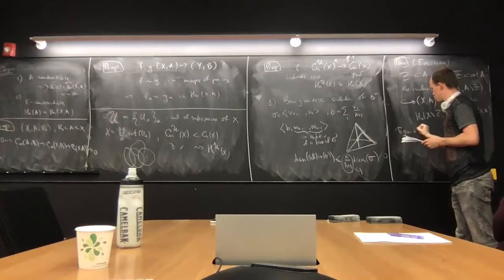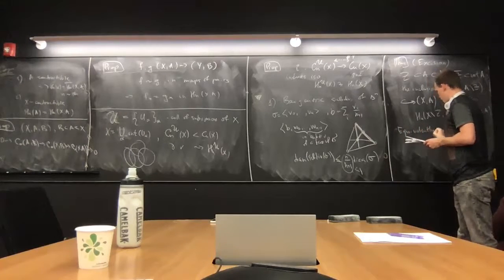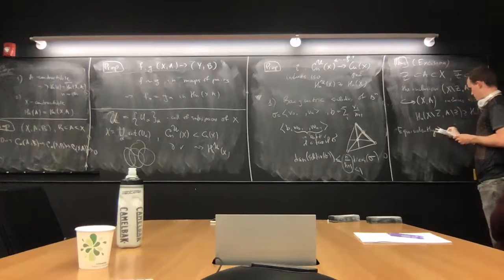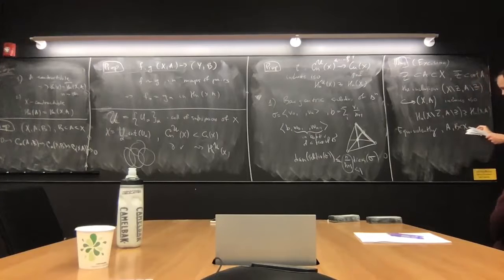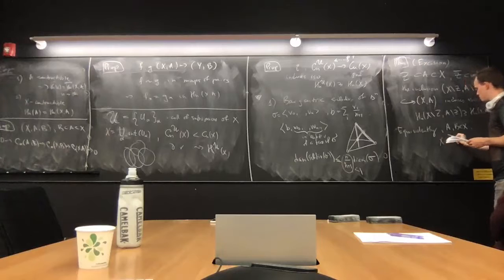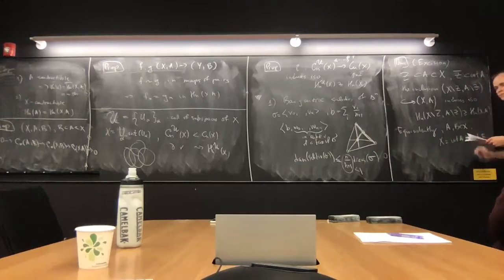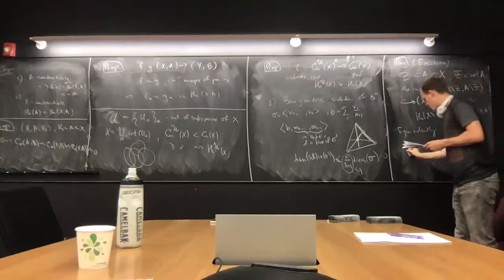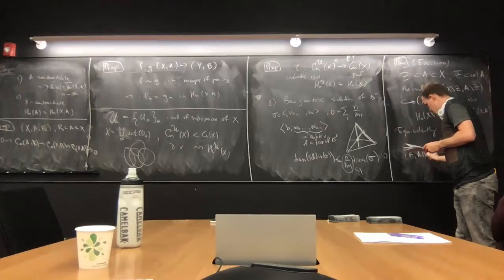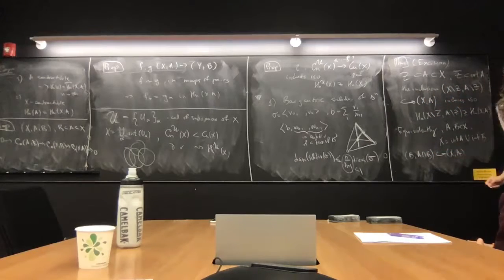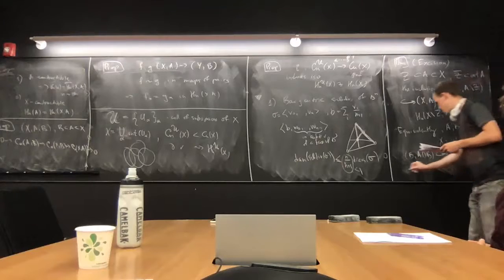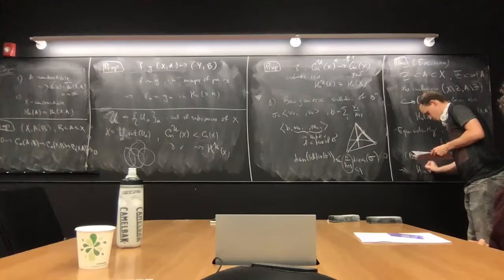Equivalently, another form that is sometimes helpful is if you have A and B in X such that the interiors cover all of X, then the inclusion of (B, A intersect B) into (X, A) induces isomorphisms in homology.